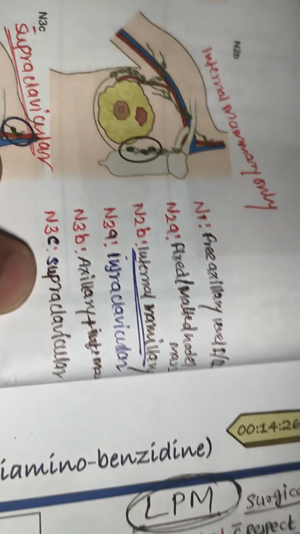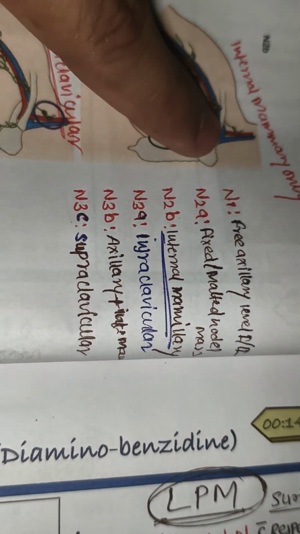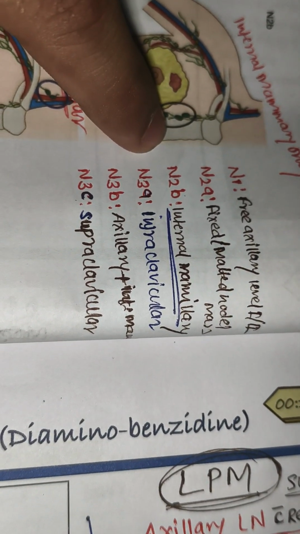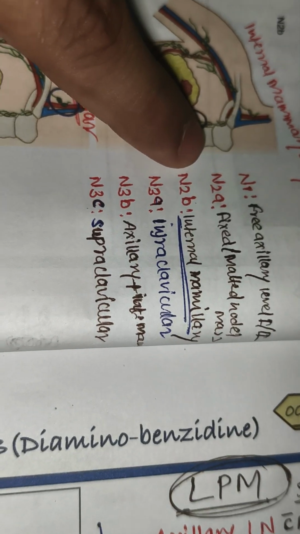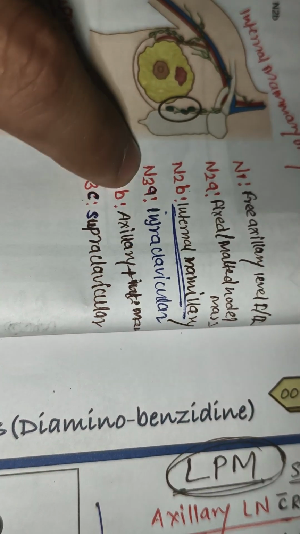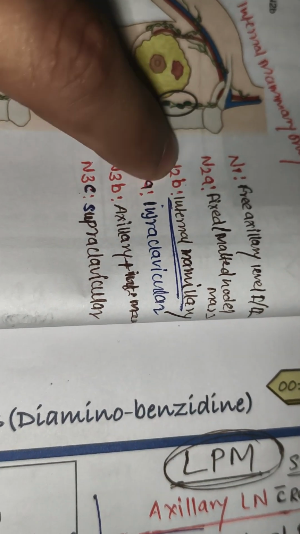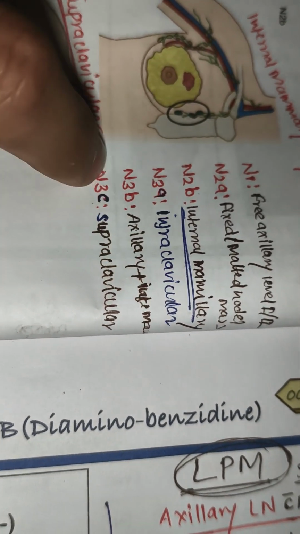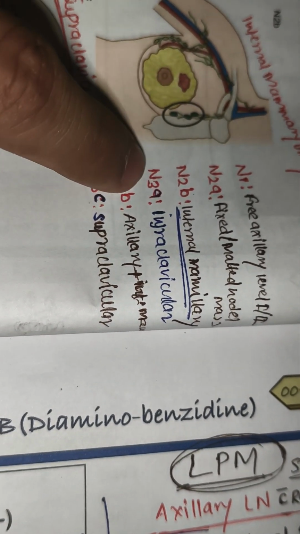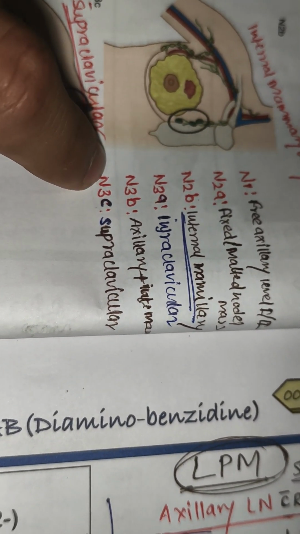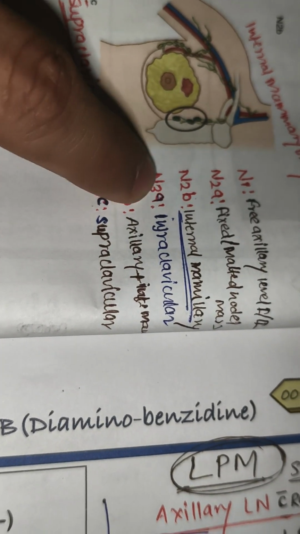Next we can see lymph node staging. N1 is freely mobile axillary level 1 or level 2 lymph nodes, N2a, N2b. N2a is fixed or matted nodal mass. N2b, wherever B came, it's internal mammary. And N3a and N3c are opposite.